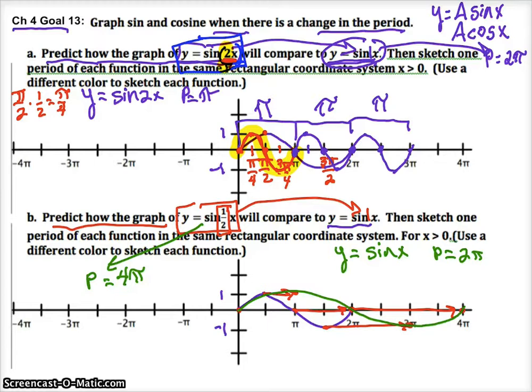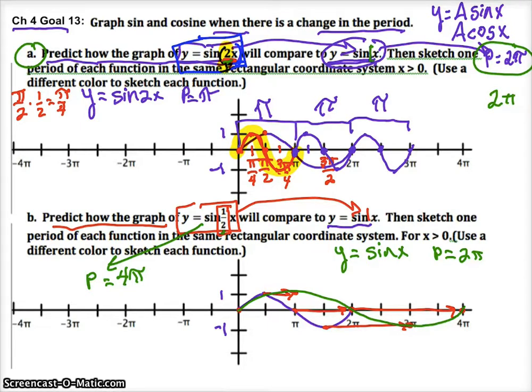So how can we determine the period length without having to sketch the parent function and then multiply or divide by this coefficient of x? Let me see if you can figure that out. Look again. In example A, the parent function, where x had a coefficient of 1, has a period of 2 pi.